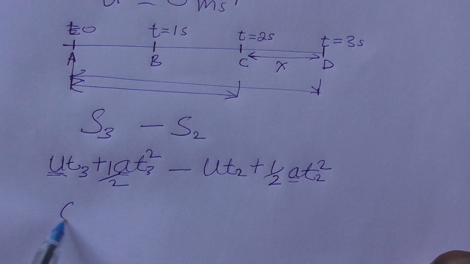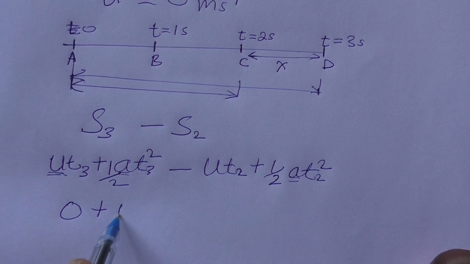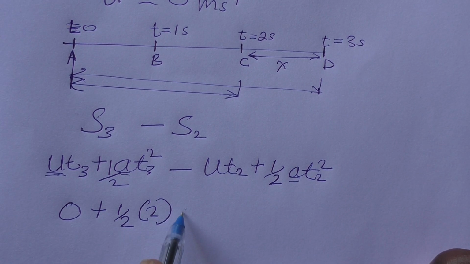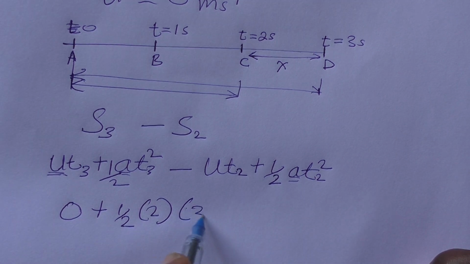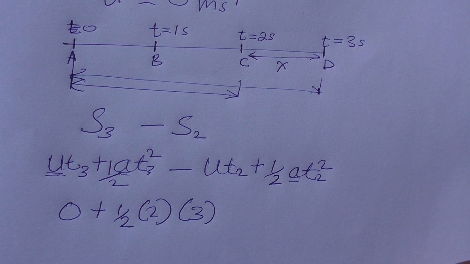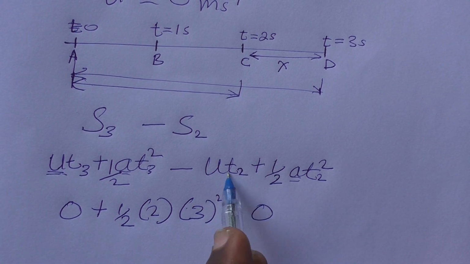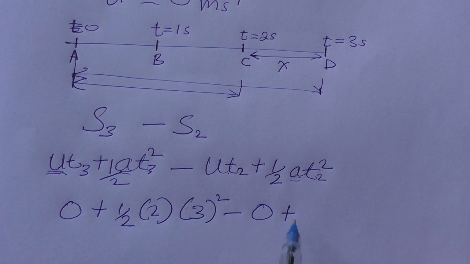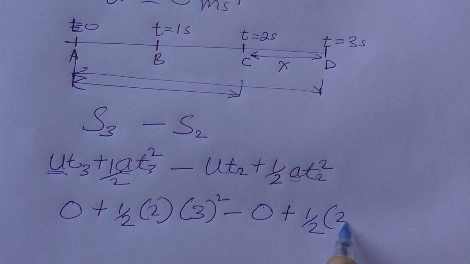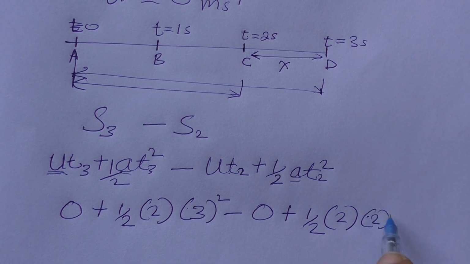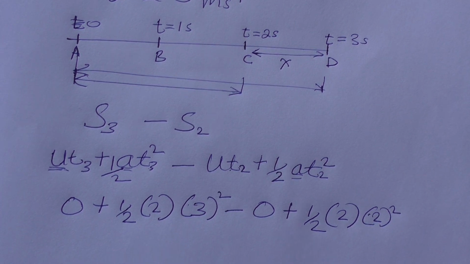u is 0, plus a half, a is 2, then t3 is 3, squared, minus 0 since u is 0, plus a half into 2, then t2 is 2 squared.